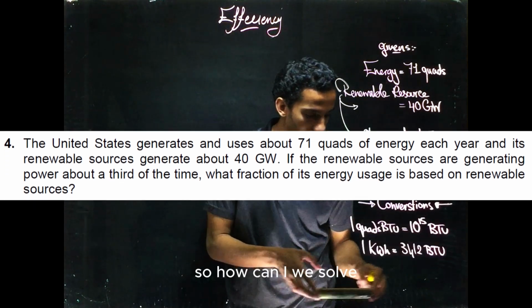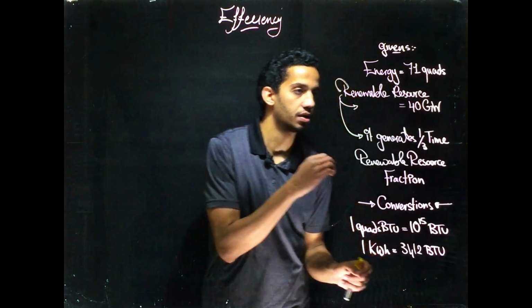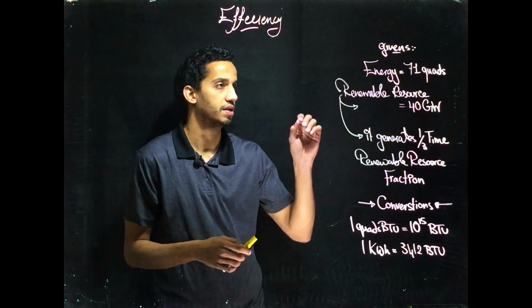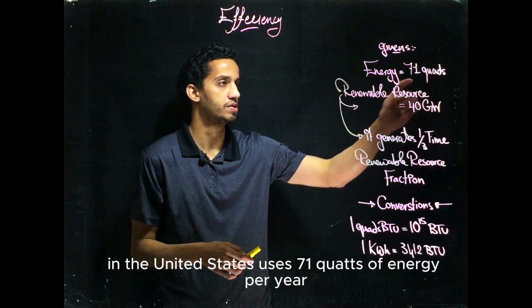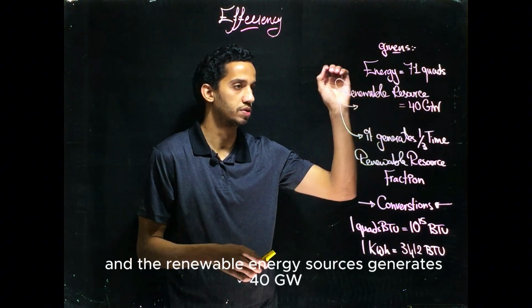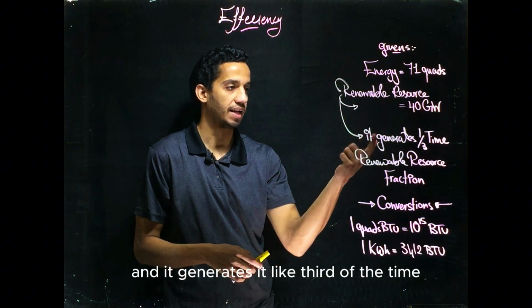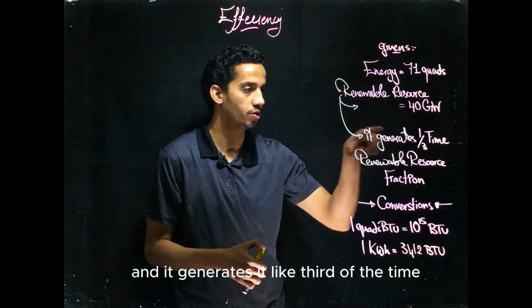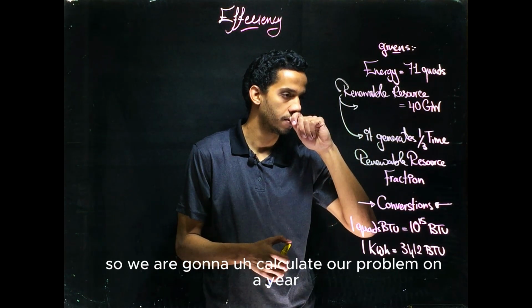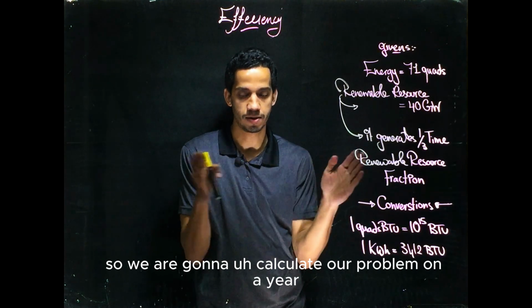Okay, so how are we going to solve it? It's saying that the United States uses 71 quads of energy per year, and the renewable energy sources generate 40 gigawatts, and they generate it about a third of the time. So we are going to calculate our problem over a year.